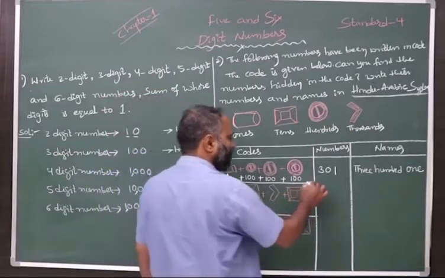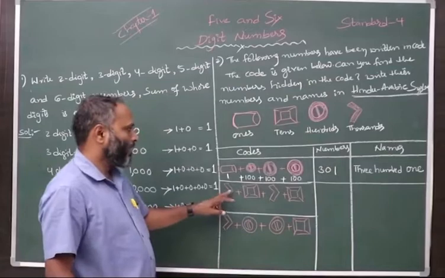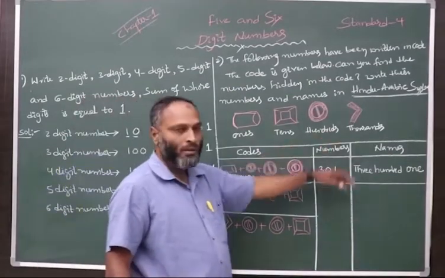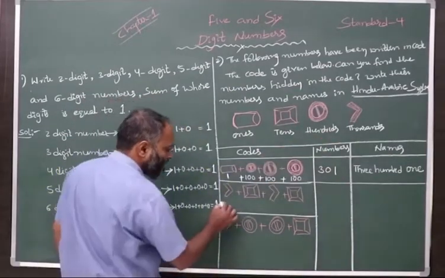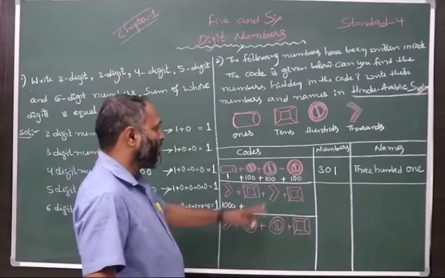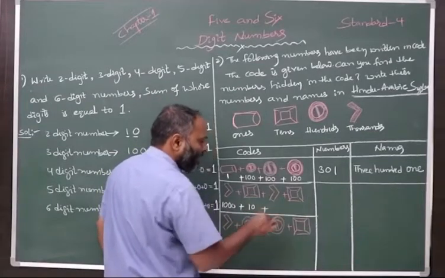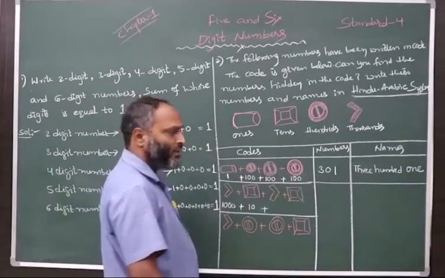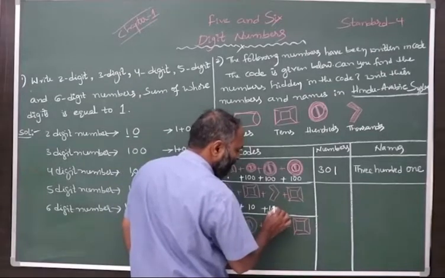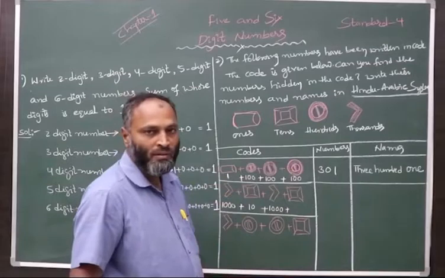Then next, this is the arrow. Arrow means 1000, plus. Square means tens. Again arrow is given, that is 1000. Again square is given, square means 10.